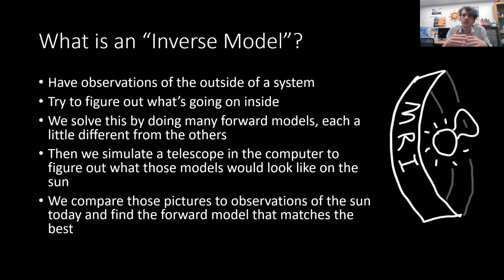And so we can't look at the sun from a bunch of angles, but what we can do is make a bunch of different simulations, mathematical models of the kinds of things the sun can have, and look at each of them through a computer telescope. We pretend the computer is a telescope, and we say, what would this look like if this is what the sun was doing? And we compare those pictures to the real sun.